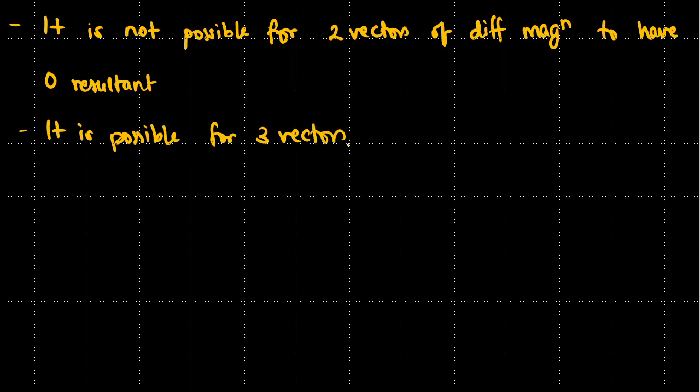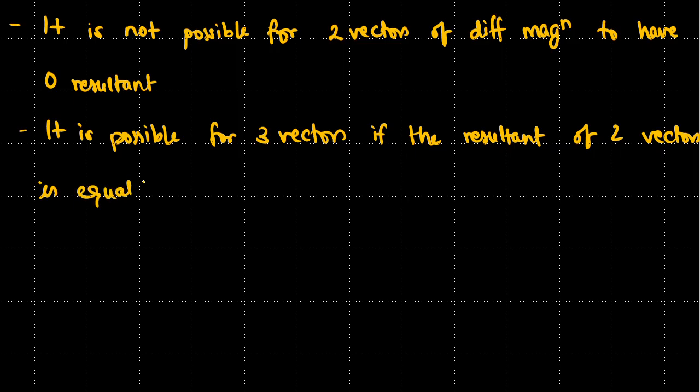It is possible for 3 vectors if the resultant of 2 vectors is equal in magnitude but opposite in direction to the third vector.